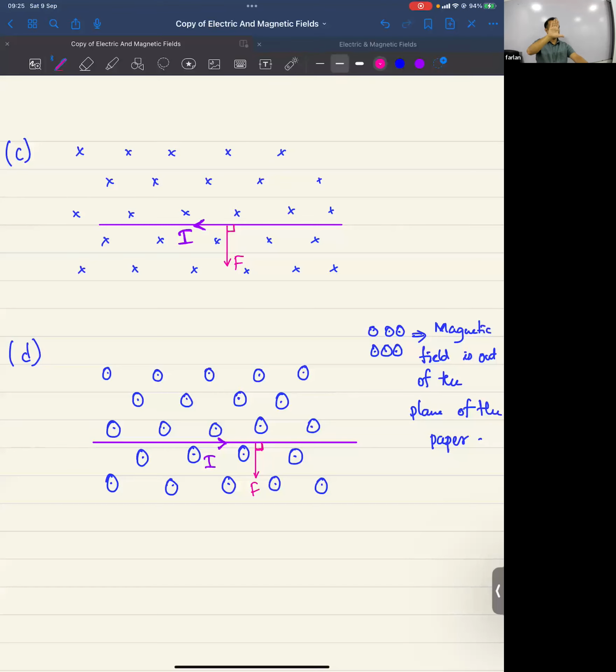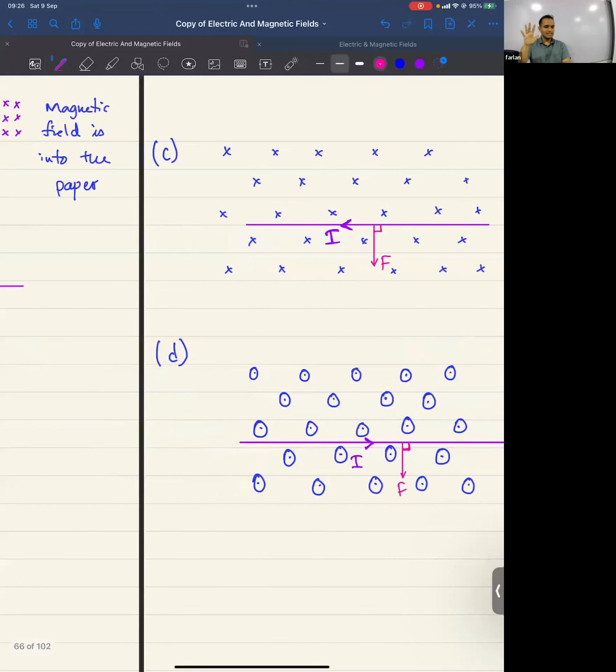When the thumb is indicating the direction of the current, and the remaining fingers are indicating the direction of the magnetic field, the direction of the palm gives the direction of the force. Like when you slap someone, you give the force with the palm, so it's easier to remember. The single finger, the thumb, is the direction of the current. The remaining fingers are the direction of the magnetic field. This will 100% work, and this is easier to use.